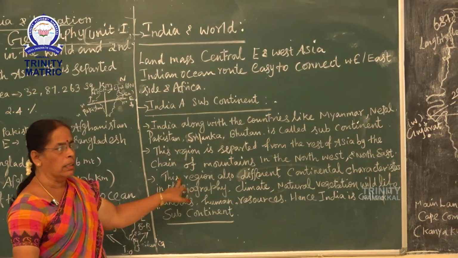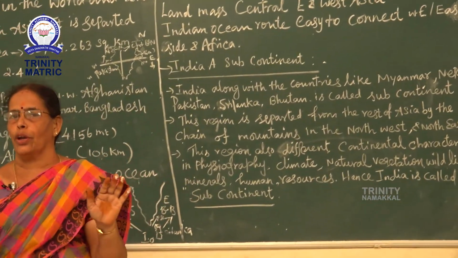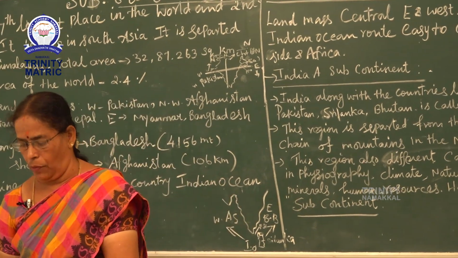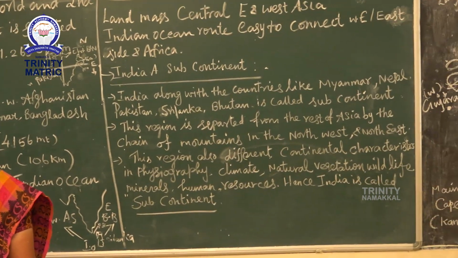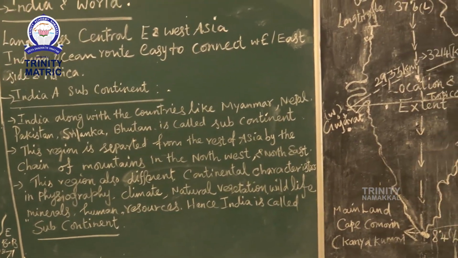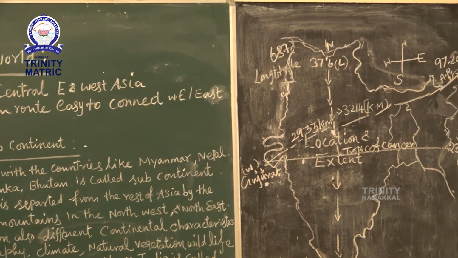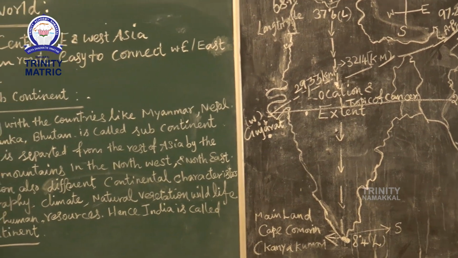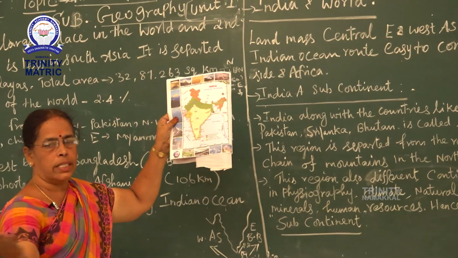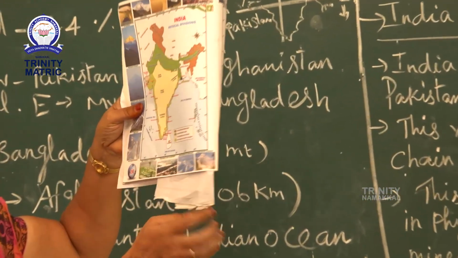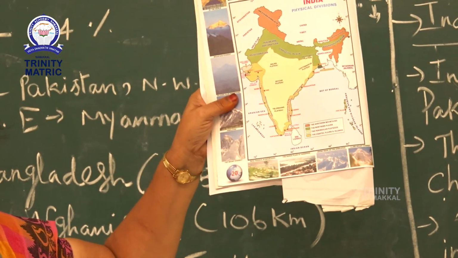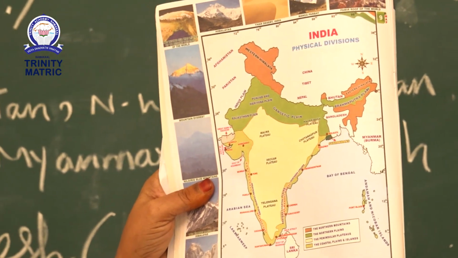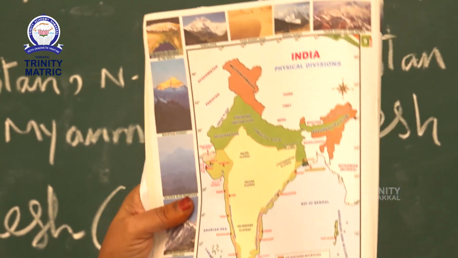Then this region also does not have uniform physiography. The physiography of India is different. Look at the map, students. Do you understand the different colors? Why are there different colors? Because the physiography is also different. What are they?